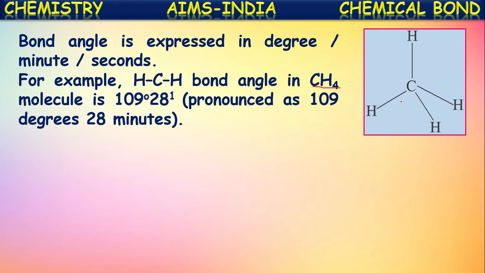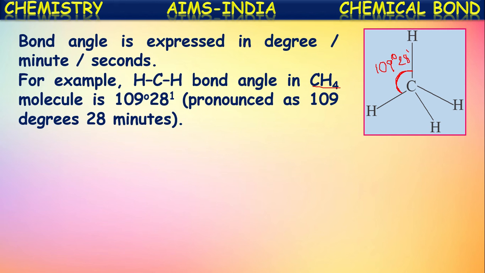Now, we defined bond angle as the angle formed between two adjacent atoms which are connected to the central atom. Now, if you observe the angle created between these two hydrogen atoms, it is 109 degrees 28 minutes in this molecule. Okay, this is pronounced as 109 degrees 28 minutes.